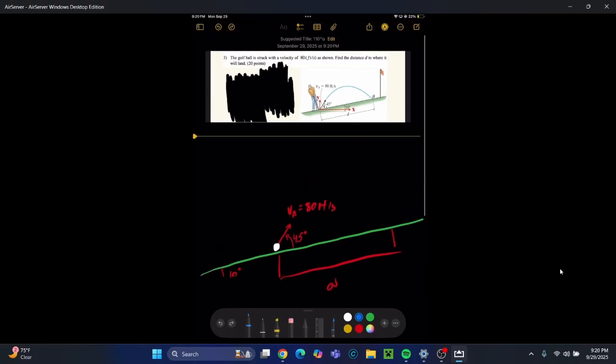I'm going to delete this picture I drew just because the picture is right above it, just better drawn. Goodbye to my beautiful, beautiful, ugly picture. Okay. Well, we know VA, and since we don't really want to deal with the hill angle, we're just going to combine them.